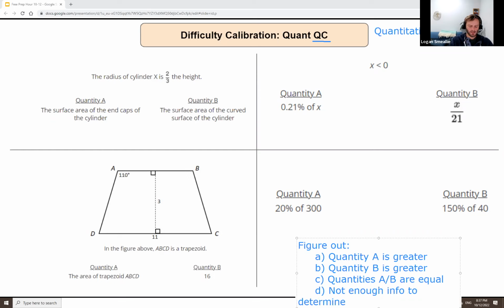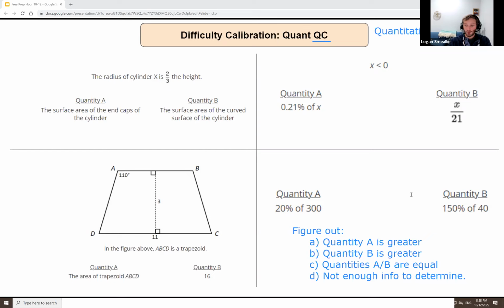I don't want you to worry too much right now about solving all of these, though certainly do work on that if you want. What I want you to do, those of you who are here live, is take 2 or 3 minutes, and I want you to try to guess which of these is the hardest to the easiest. So type this in the chat. Send me your guess, rank them 1 to 4 from easiest to most difficult.